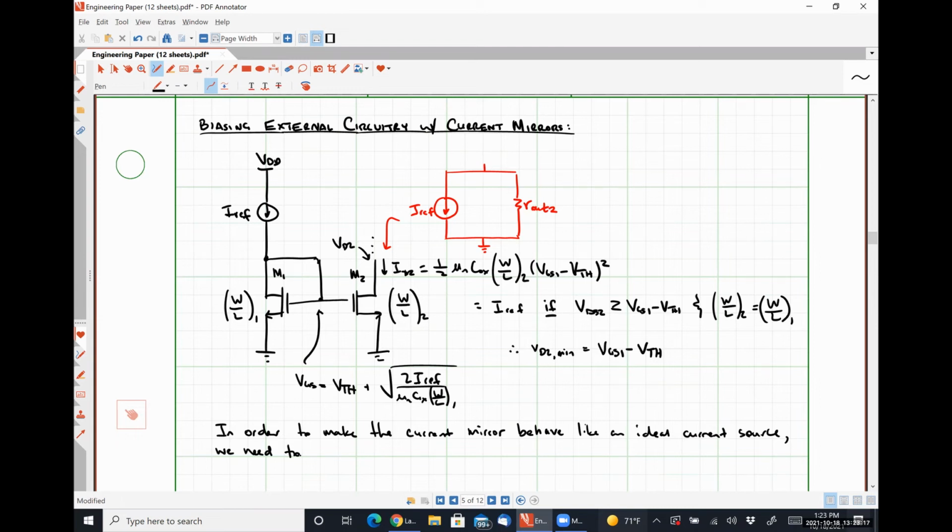So what's the difference between an ideal current source and a practical current source? Because right now we have a practical current source and we want it to be ideal. So what's the difference?